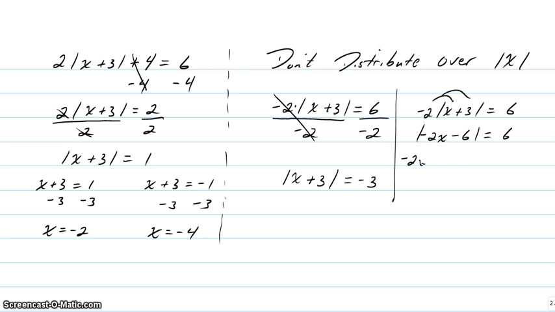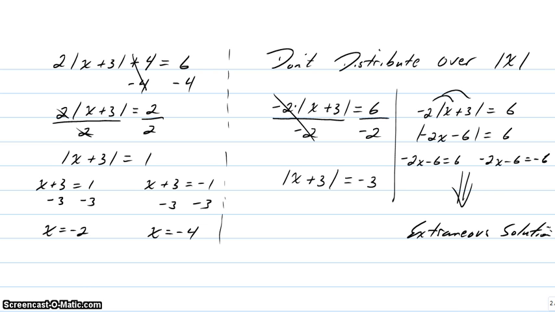I'm led to believe that negative 2x minus 6 would equal 6, and negative 2x minus 6 would equal negative 6, and I can go on to get a solution, but we're going to call that an extraneous solution. Meaning that algebraically it worked out, but when you go to plug it back in, it really doesn't work. So we just have this general rule, and we say don't distribute over the absolute value so that you don't get yourself into this situation.